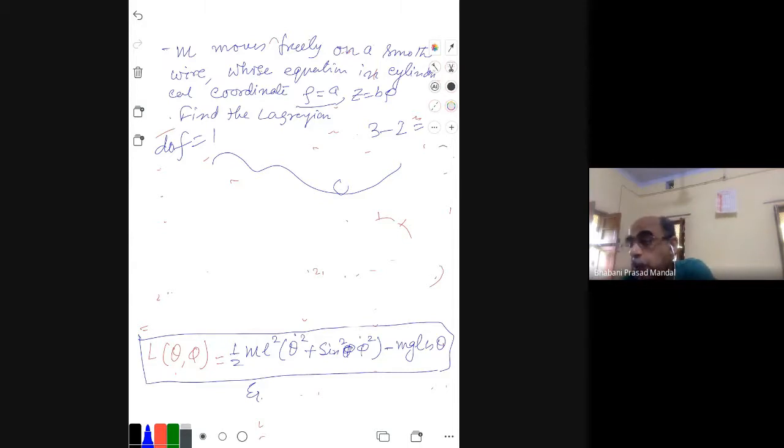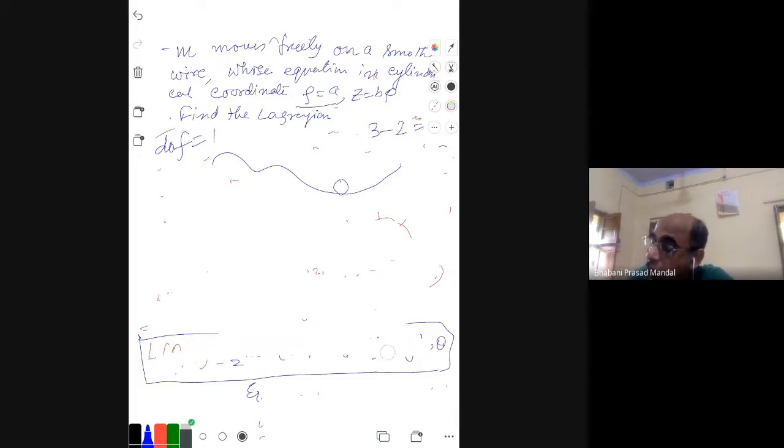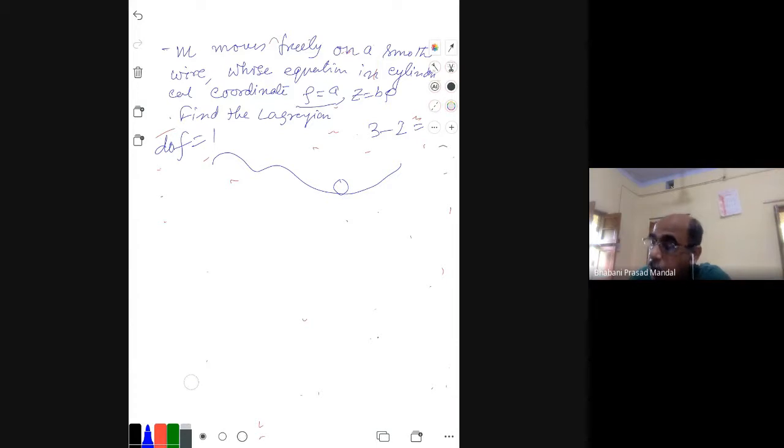It is a very simple problem, but it's a new type, so I am just giving it to you. What you have to do is think of the kinetic energy in cylindrical coordinates. This is also the reason for choosing this problem, that it is in cylindrical coordinates. So the kinetic energy in cylindrical coordinates is half m, then rho dot square plus rho square phi dot square plus z dot square, right?